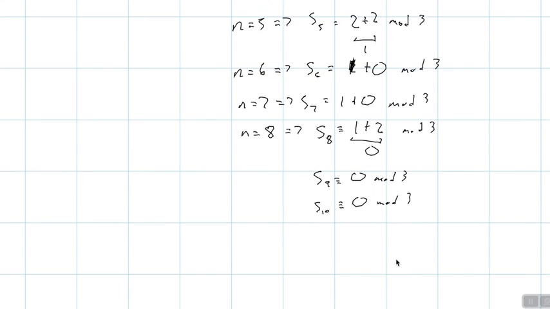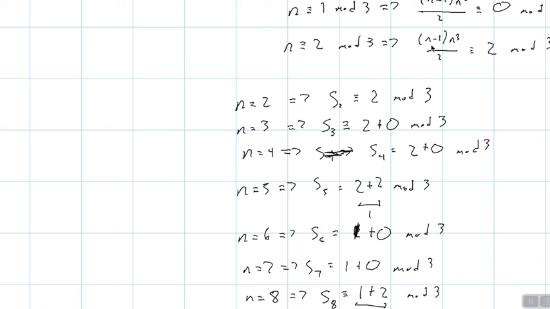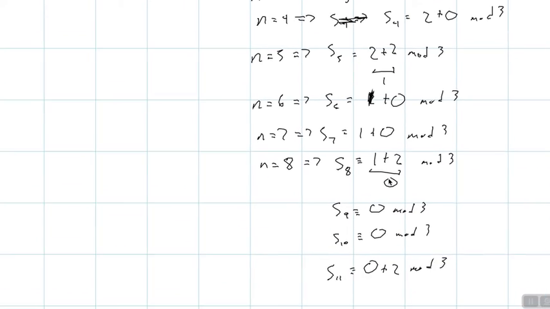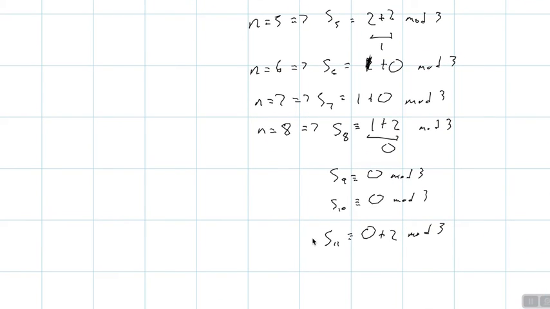And then when you get down to S sub 11, that's going to be equal to 0 plus 2 mod 3, because this term would be 2 when we have n equal to 11. And so this is not divisible by 3. These are divisible by 3. This is not.